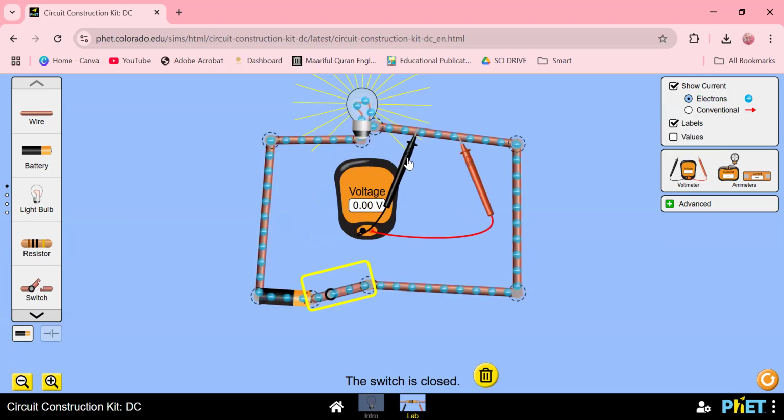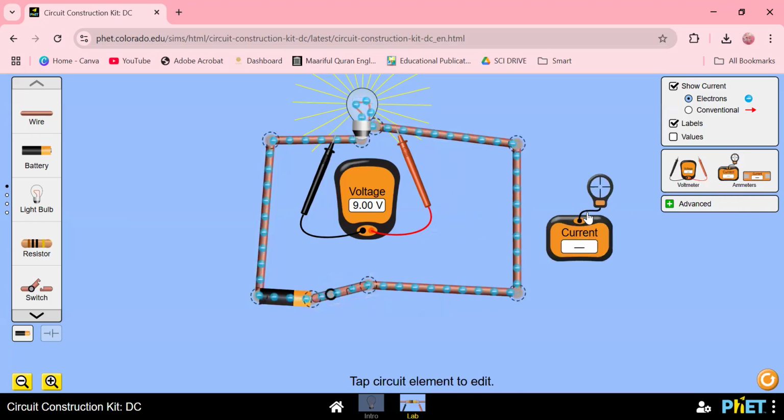But if I keep it in between the wires, there's nothing. So whatever the electrical component, it will have a specific voltage. That's why it's supposed to be connected in parallel. Exactly, parallel.